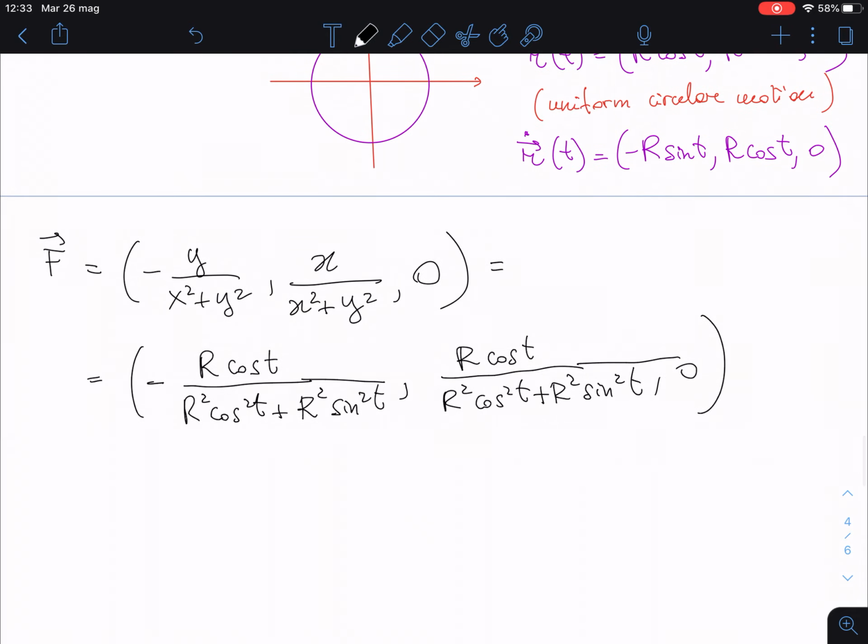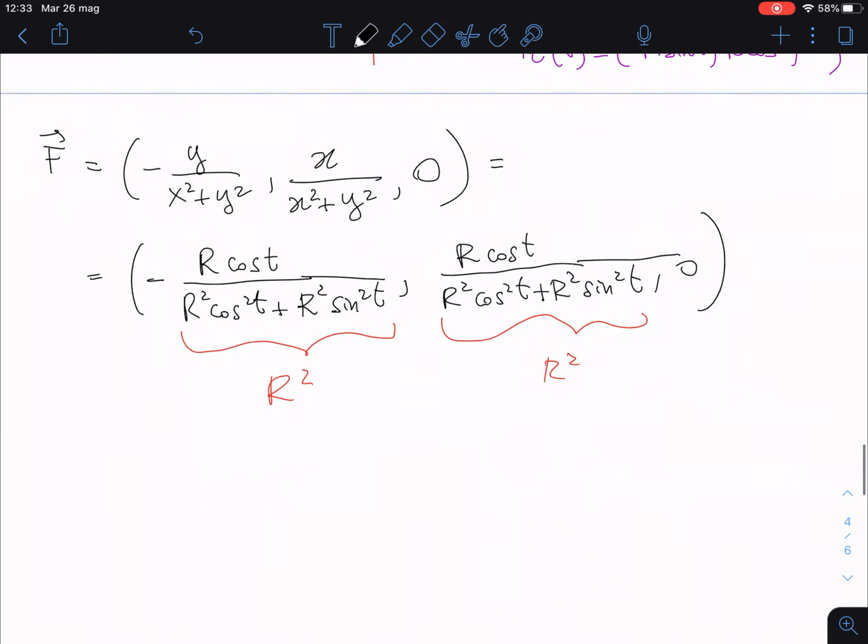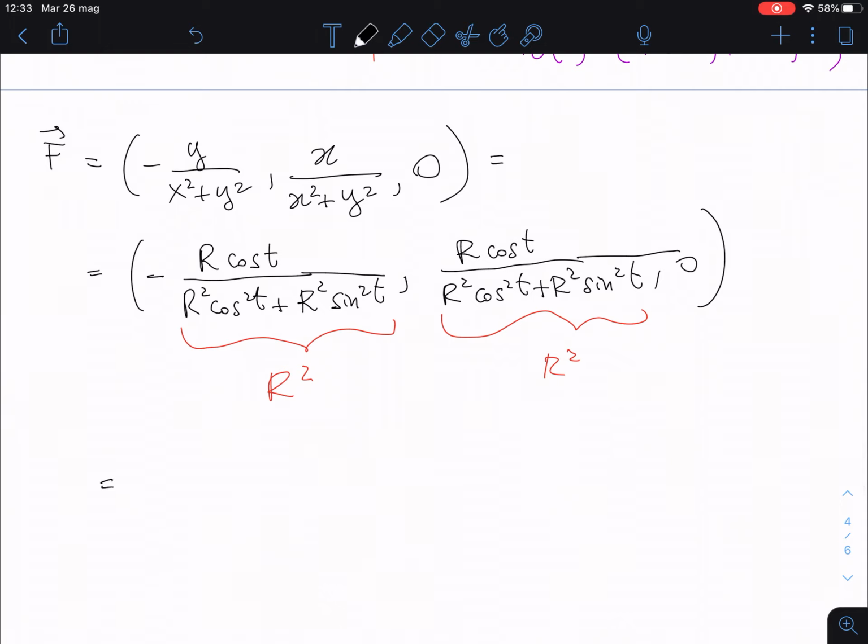And so notice that every denominator here is simply R squared, because cos squared plus sine squared is equal to 1. So this is R squared too. And so you got here 1 over R, minus, sorry, here it is a mistake, this is sine of t, minus sine of t, cosine of t.